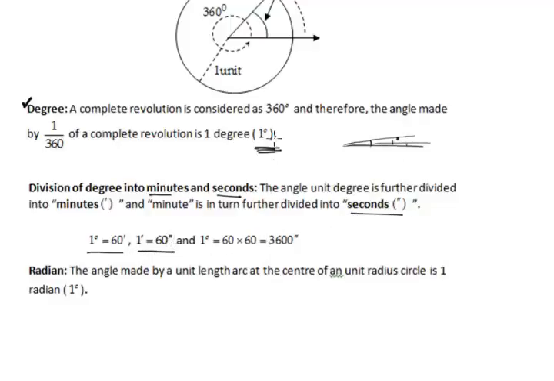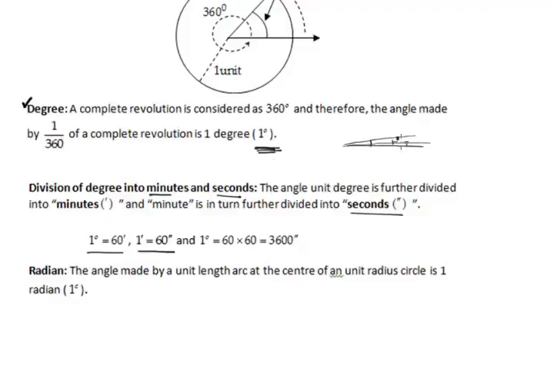So a complete revolution is 360 degrees. If we divide the complete revolution into 360 parts, then one part is 1 degree. If we divide 1 degree into 60 parts, then one part is a minute.